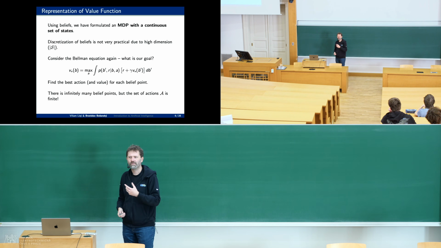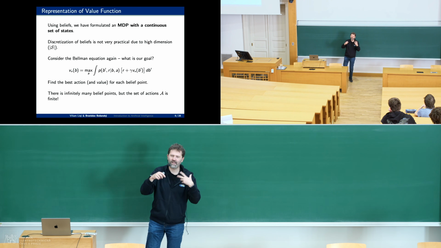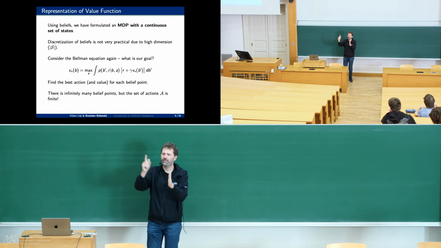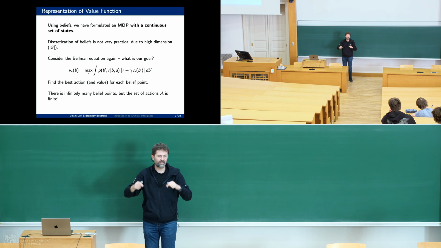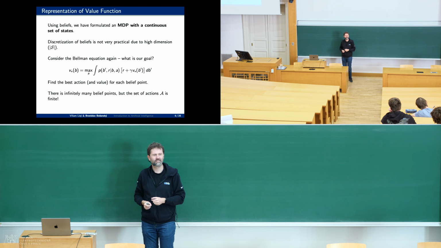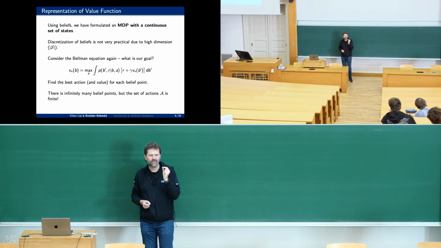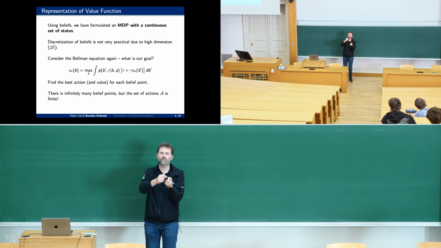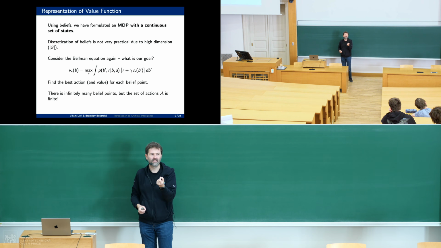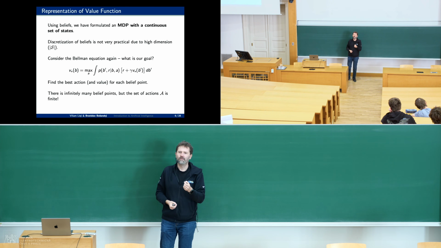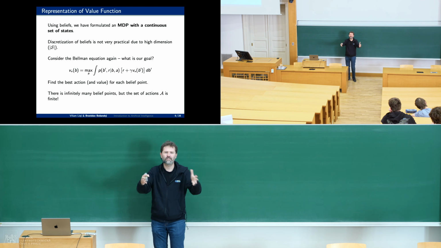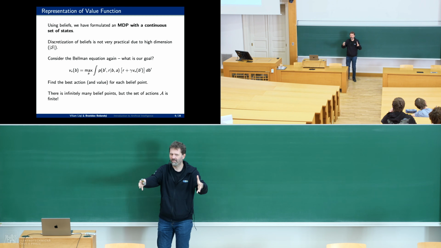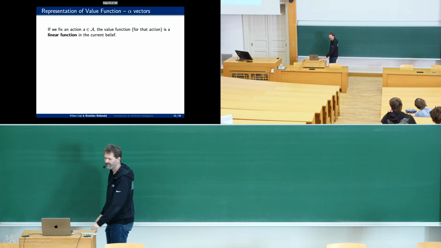So we will not remember a sort of mapping or hashing, like from this belief point play this action, from this belief point play this action. We will reverse it. We will have either some formula, and for every belief point we'll be able to compute the best action, or we can map it and know that this action is actually the best one for these belief points. So we can verify that.